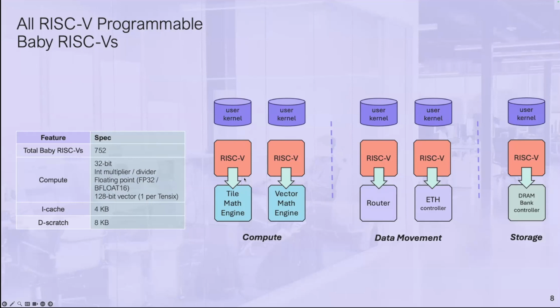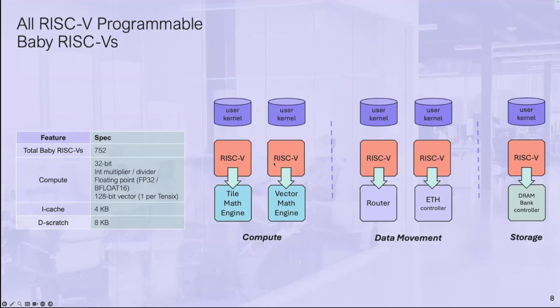This isn't exactly a one-to-one of what's in your 10.6 because in your 10.6 you have both compute and data movement, but we'll see how all of that looks in a second. For now, within a 10.6 core, which is one of the cores that I highlighted in that big grid, you have your hardened math engines. You have your tile math engine, I'll talk about what that is in a second, and you have your vector math engine.